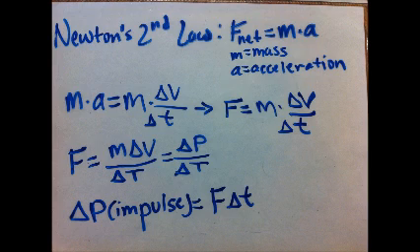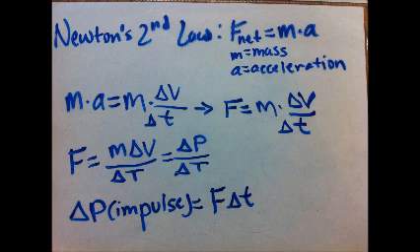And we know that mass times the change in velocity is equal to the change in momentum, and we can just say that the force is equal to the change in momentum over the change in time. And if we isolate the change in momentum, which is impulse, we get that the change in momentum, aka impulse, is equal to force times the change in time.